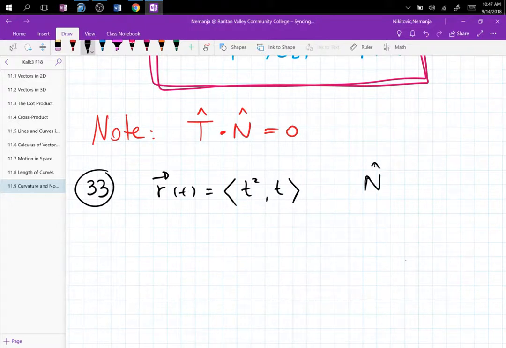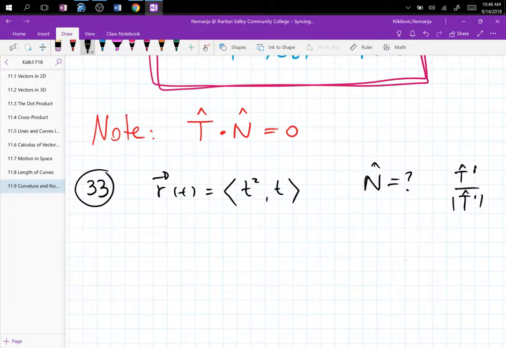We're asking about the normal vector. We know that our target is T prime over T prime magnitude. R prime, T prime, assemble the formula and you're done. Does it make sense? R prime gives you T prime, and then the formula.